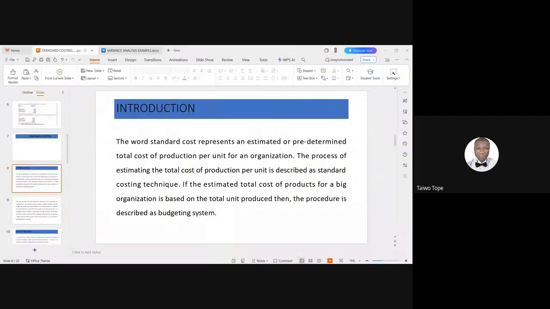And what kind of action? Corrective action. So standard cost is set to serve as a benchmark to checkmate your actual results. And where you are not getting the standard that has been set based on your actual performance, you ask yourself some questions.